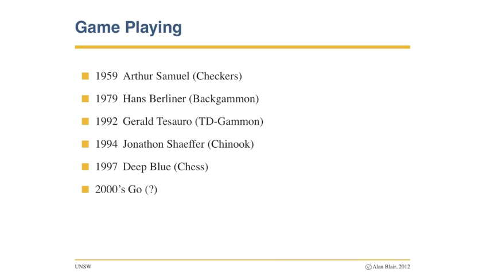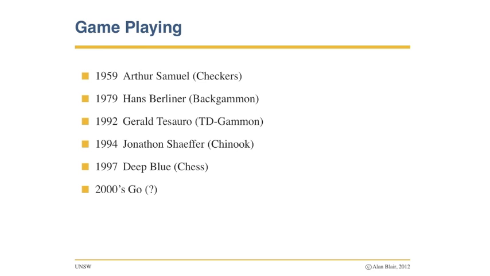With checkers, again, the humans still had the edge up until 1994, Jonathan Schaeffer's program Chinook. And chess, of course, in 1997, Deep Blue managed to defeat Kasparov, and the humans have exited the field ever since.